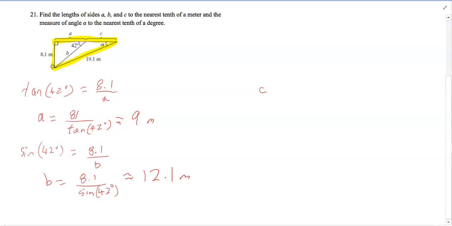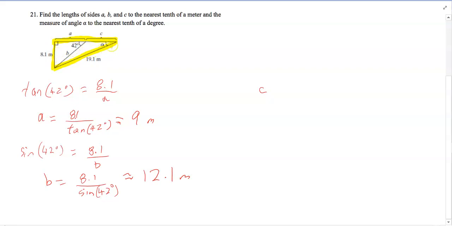Because C is a part of this long length, which includes A, we've got to think about how to find this. You know, the hypotenuse of this big triangle is 19.1, and this other part is 8.1.